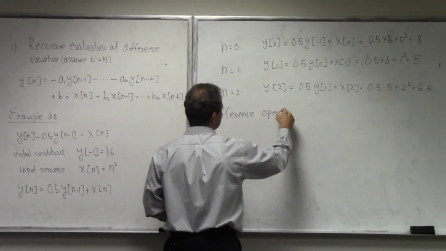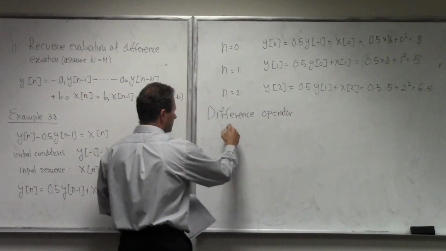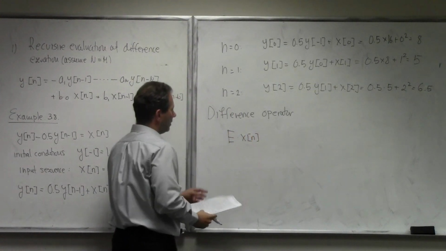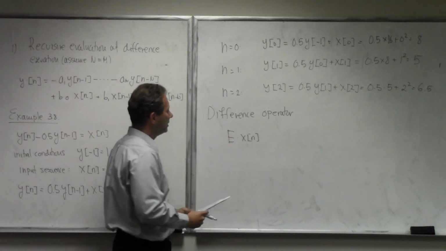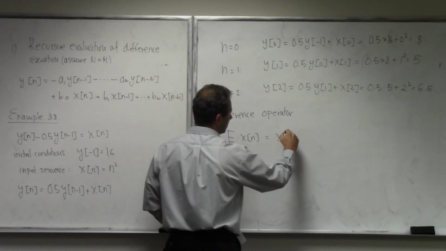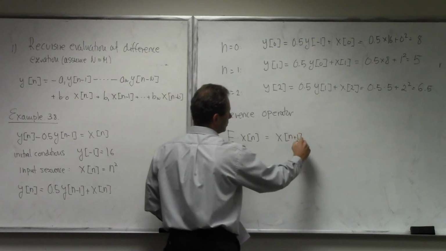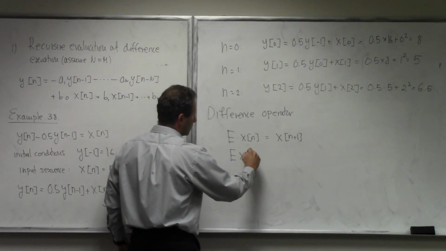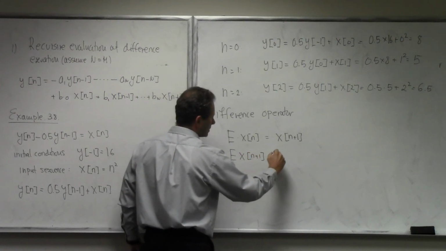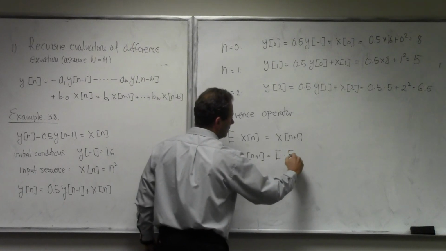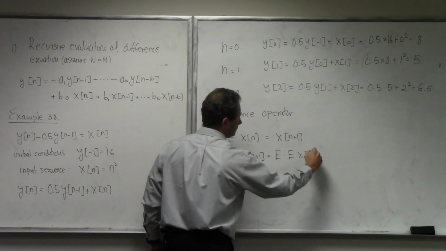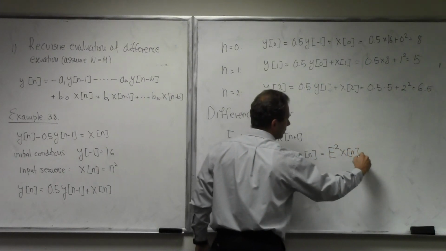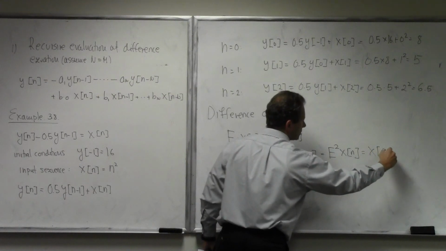Difference operator. This is E applied to x[n]. So when operator E is applied to x[n], it results in the next sample. So it shifts to the next sample. Along the same token, E applied to x[n+1] is the same as E applied to E of x[n], which is E squared applied to x[n], which is x[n+2].